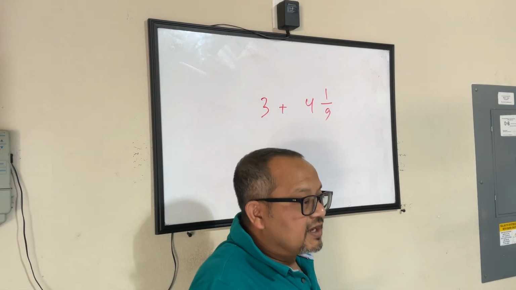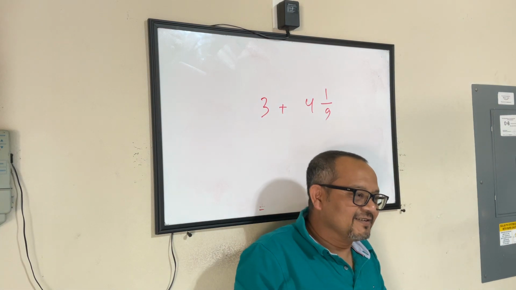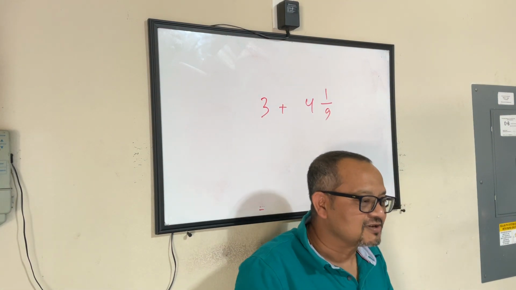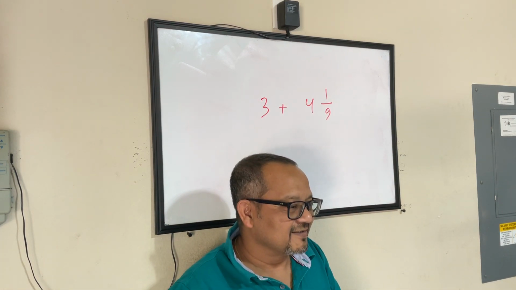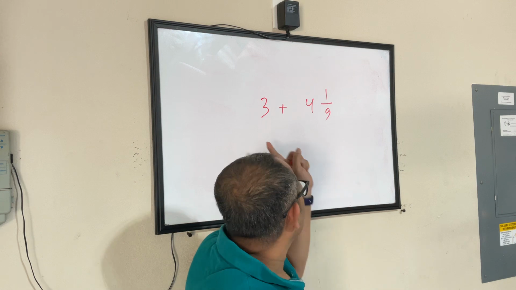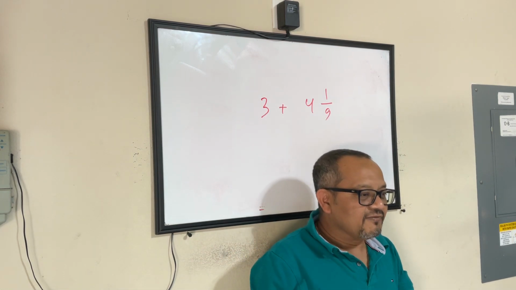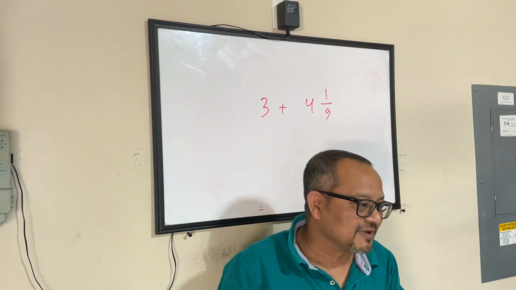Tell me how much. Okay. So Sami gave the answer. I know some of you heard, some of you did not. Anybody else? If I say 3 plus 4 1 by 9, how much will that be? Without doing any calculation. You guys talk about mind maths.